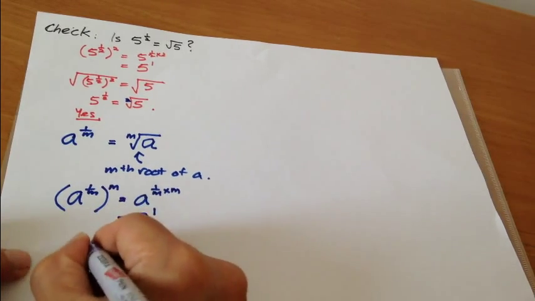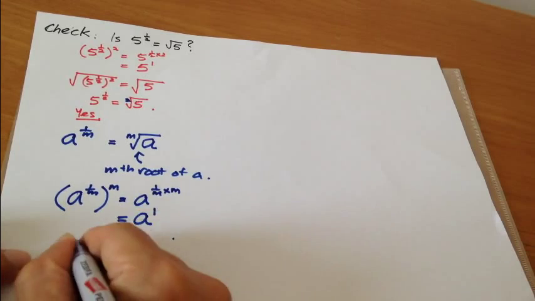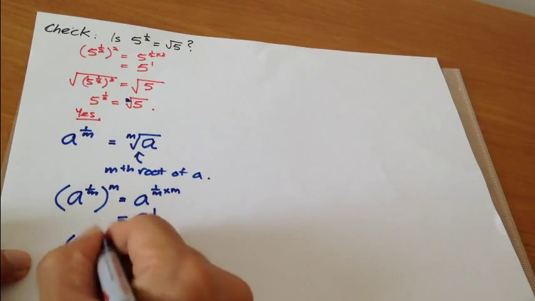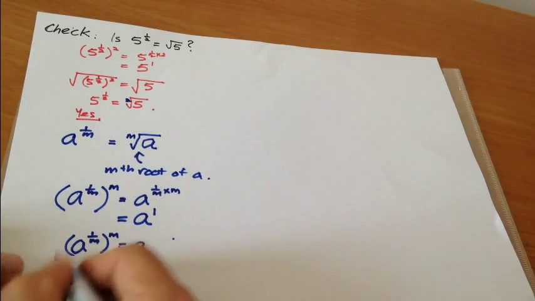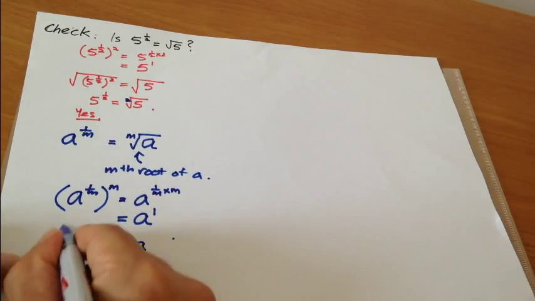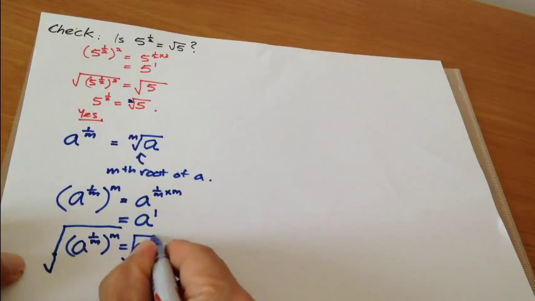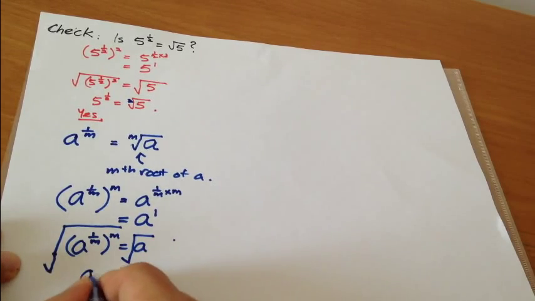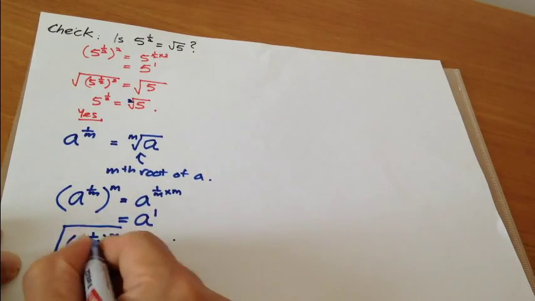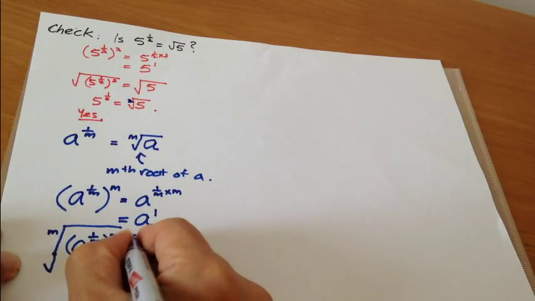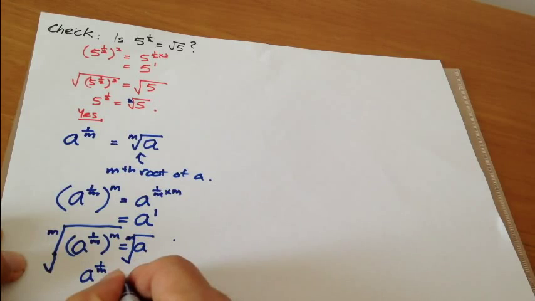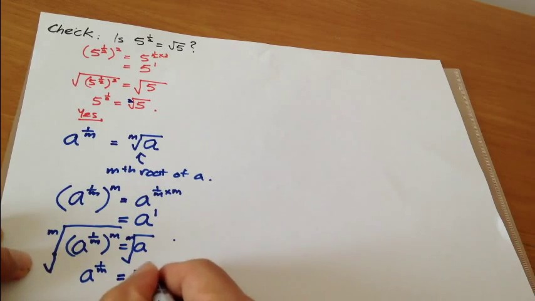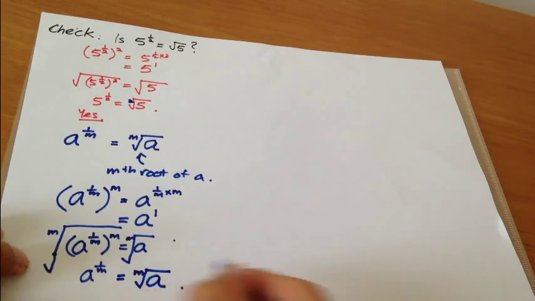In other words, a to the power of 1 over m, raised to the power of m, equals a. And if I take the mth root on both sides to cancel this index m here, then this becomes a raised to 1 over m equal to the mth root of a.